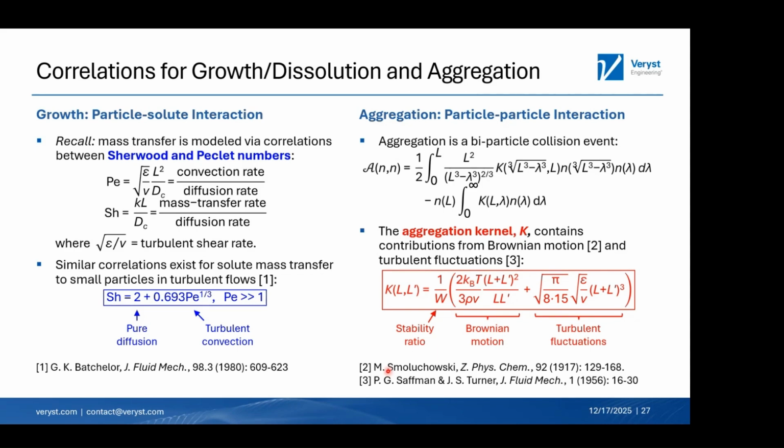In that case, the probability that particles find each other is determined by Brownian motion and the degree of stabilization amongst the particles. Later, Philip Saffman and Turner furnished a correlation for turbulent flows. Turbulent fluctuations can also enhance the probability of particles finding each other. That leads to the relationship shown on the right, which tends to be very important in stirred tank vessels and other scenarios.